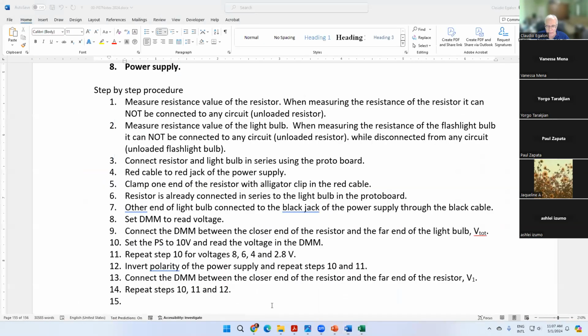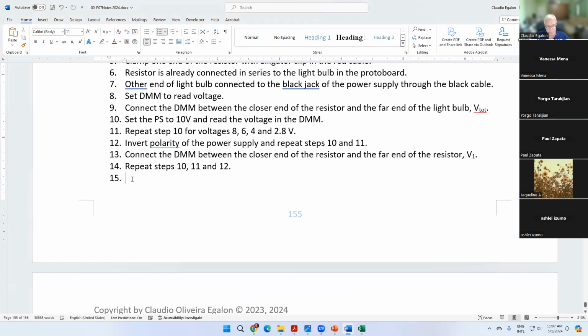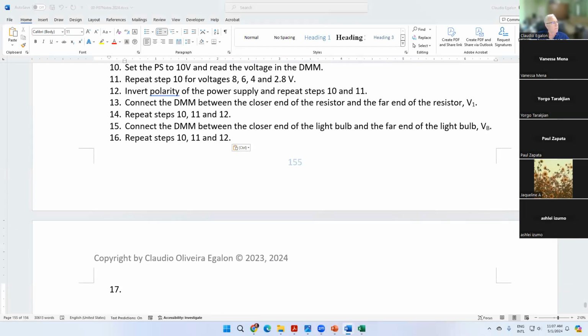And going back here. In the next step, we are going to measure the current in the circuit, just like we did before, okay?